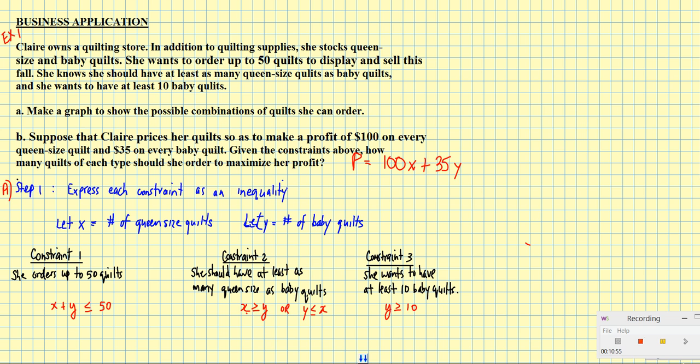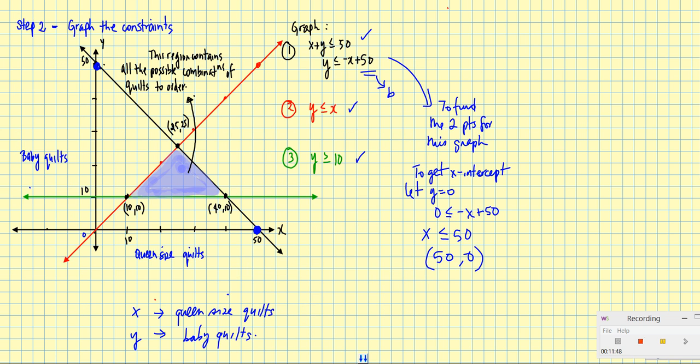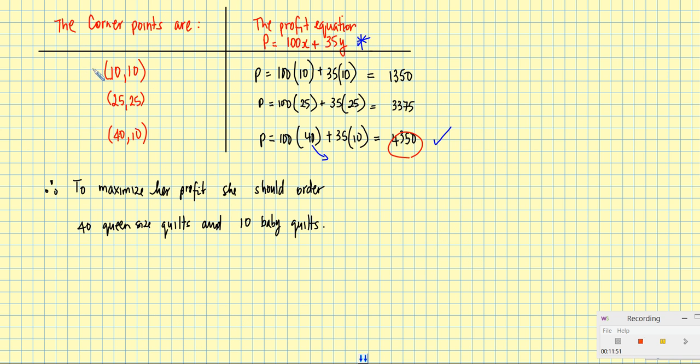Okay, so we know that profit is equal to 100x plus 35y. So I'm going to use 100x plus 35y, and these are the 3 points that we placed in there. We will place in there 100 times 10 for the value of x plus 35 times 10 for the value of y, and we get 1,350.